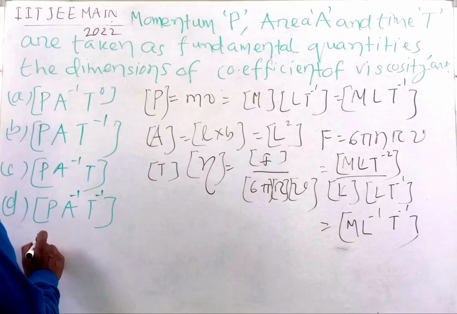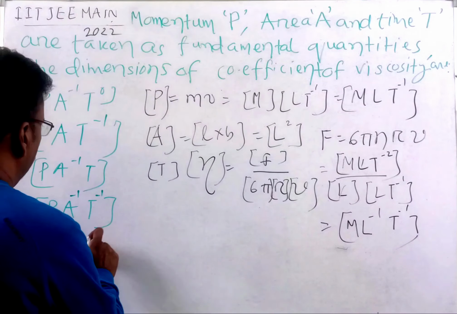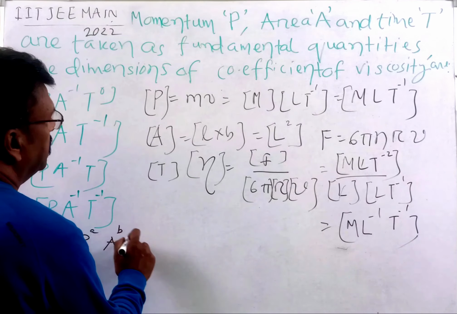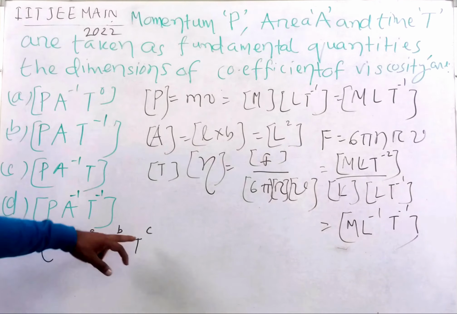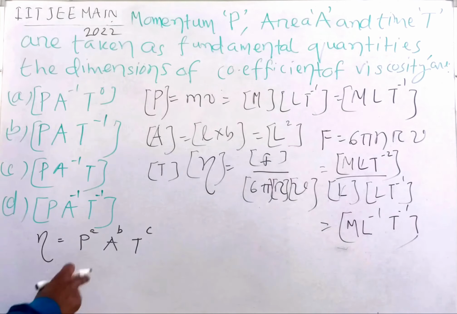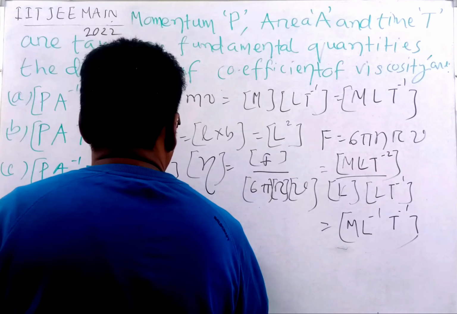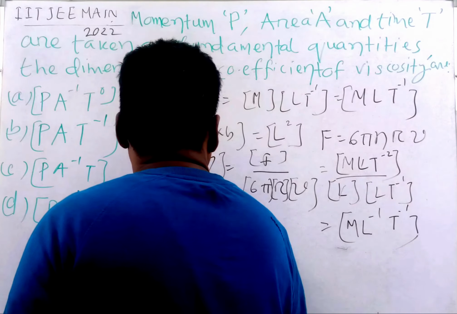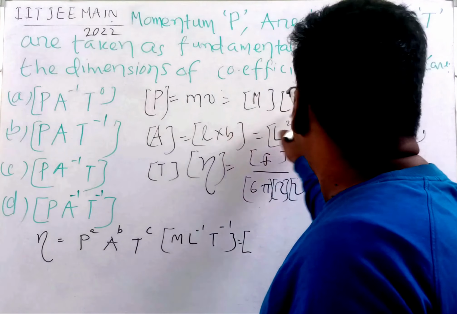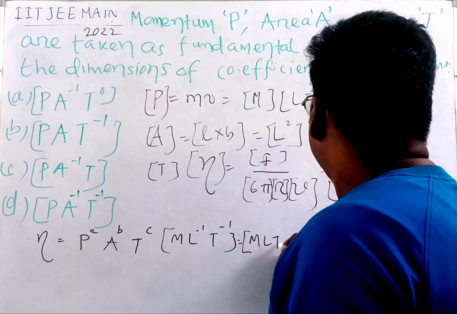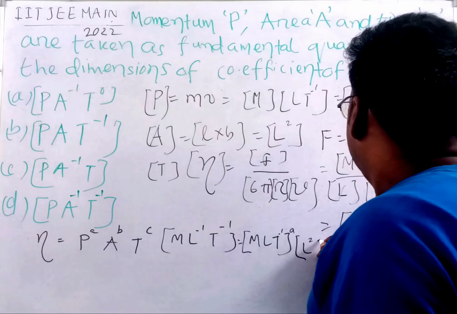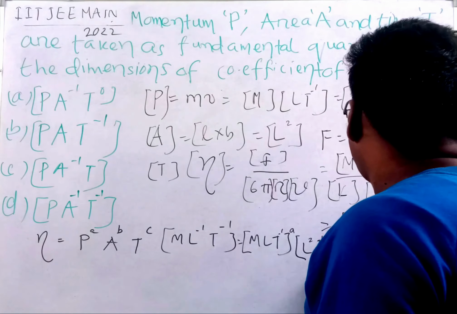So students, we have to write eta is equal to P to the power a, A to the power b, and T to the power c, and find out the values of coefficients a, b, c to get the proper formula. So we write here M L minus 1 T minus 1 equals, as momentum we found is M L T minus 1, M L T minus 1 to the power a, and area is L square to the power b, and time T to the power c.